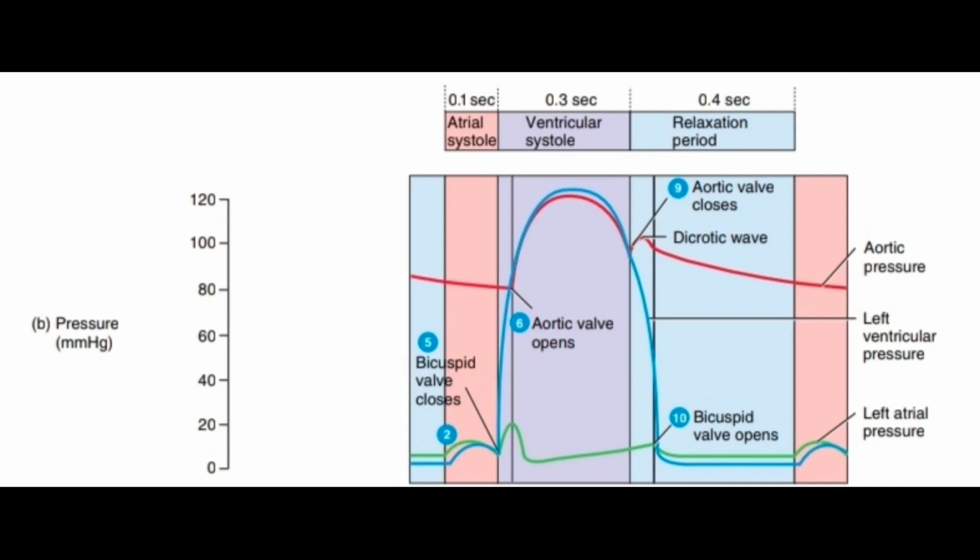You can see here the pressure curve shows that as ventricular systole begins, the pressure inside the ventricles rises. The blue curve is representing left ventricular pressure, because right ventricular pressure is smaller than left ventricular pressure, and only left ventricular pressure has been shown here.